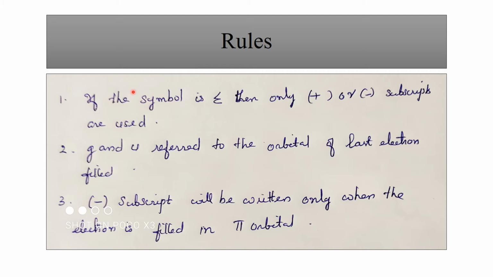Then what are the rules used for determining the term symbol of a molecule? If the symbol is sigma, then only positive or negative subscripts are used. G and u refer to the orbital of the last electron filled.